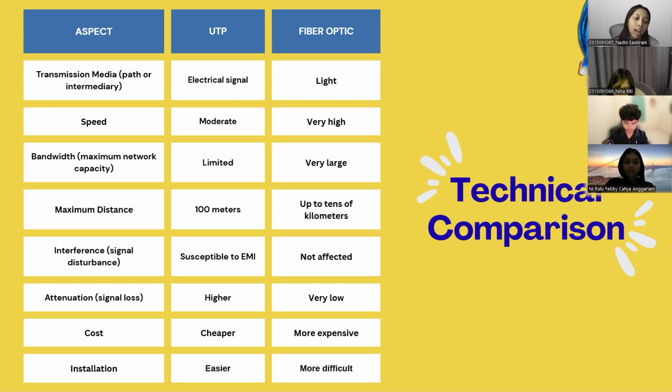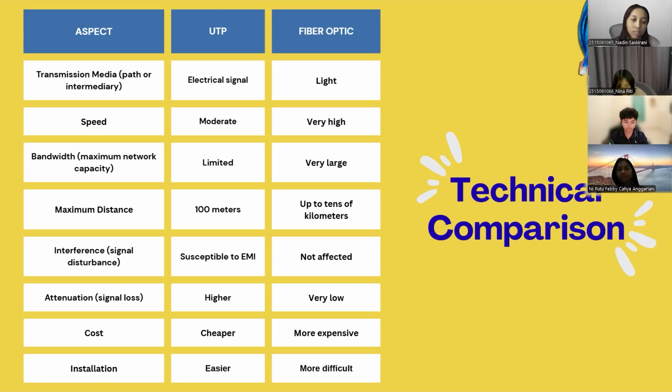And the next is interference or signal disturbance, where UTP is susceptible to EMI, and fiber optic is not affected. Next one is attenuation or signal loss. UTP has a higher signal loss, while fiber optic has a very low signal loss.